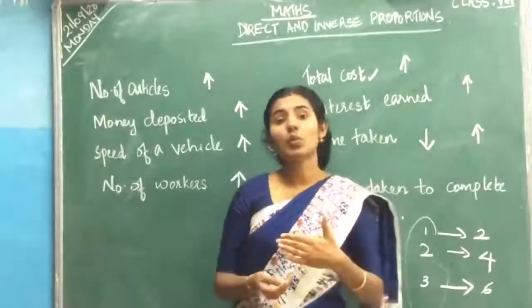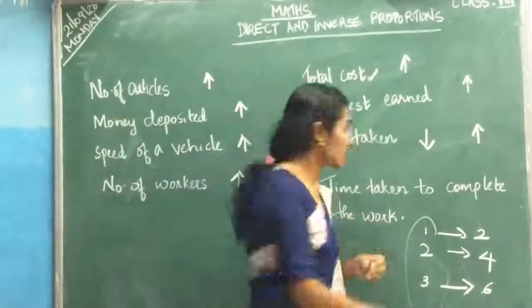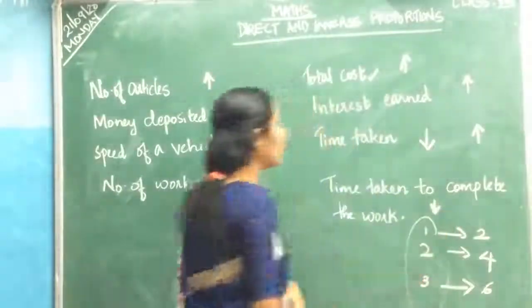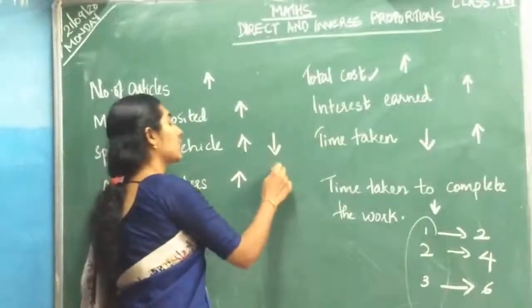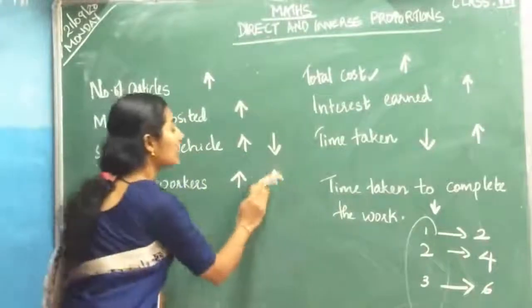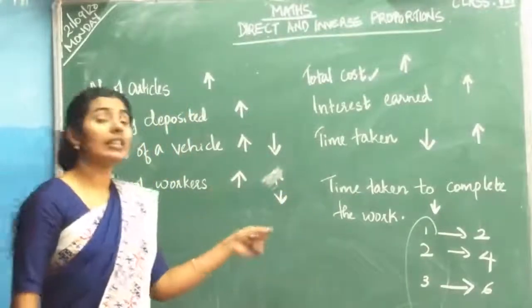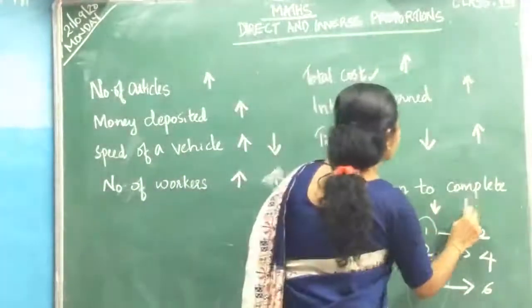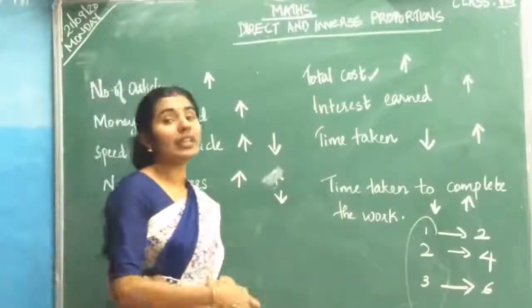Because workers are more, we need less time. Now what will happen if the workers count is decreasing? If the number of workers is decreasing, we need more time, isn't it?